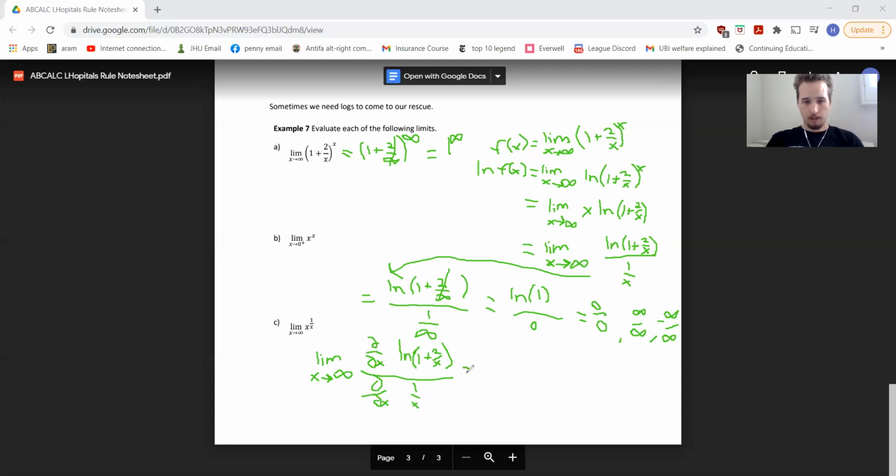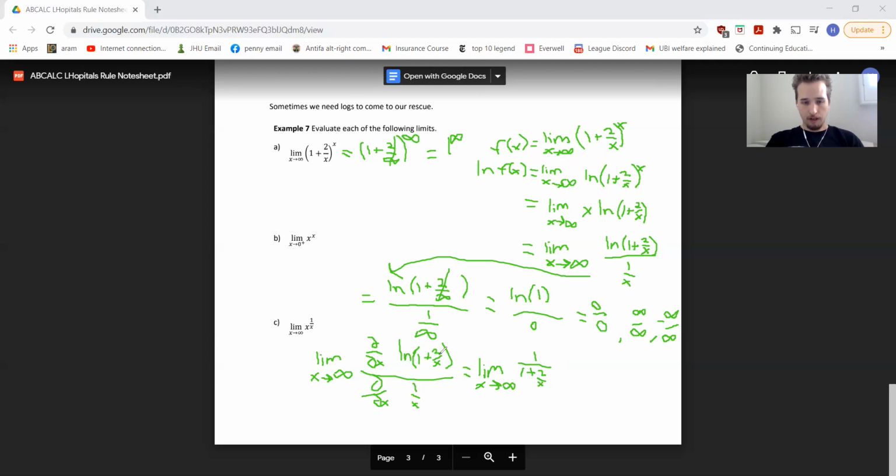Okay, and then this is equal to the limit as x goes to infinity. And you differentiate this: the derivative of ln is going to be 1 over what's on the inside, 1 plus 2 over x.